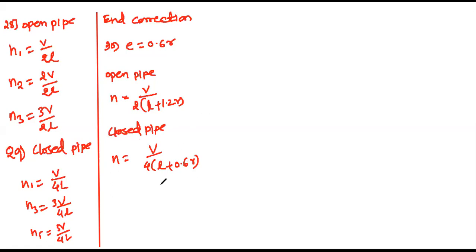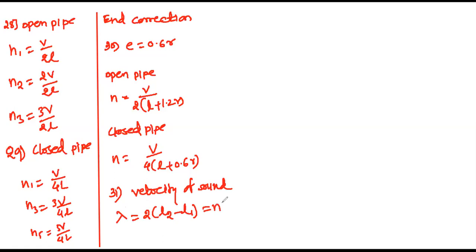Next, velocity of sound. In that you have lambda is equal to 2 into L2 minus L1, that is equal to n lambda, that is equal to 2n into L2 minus L1.